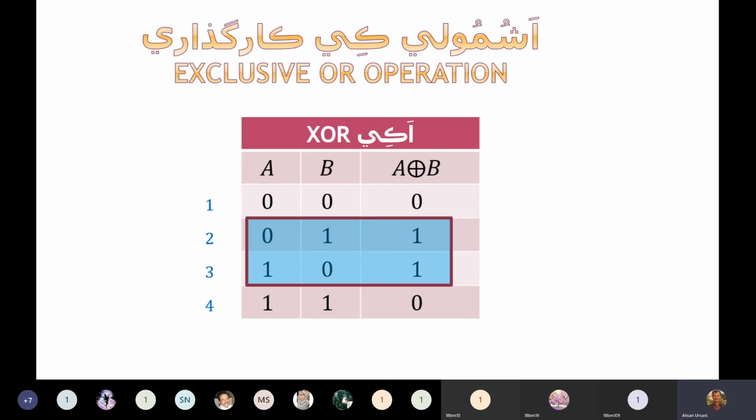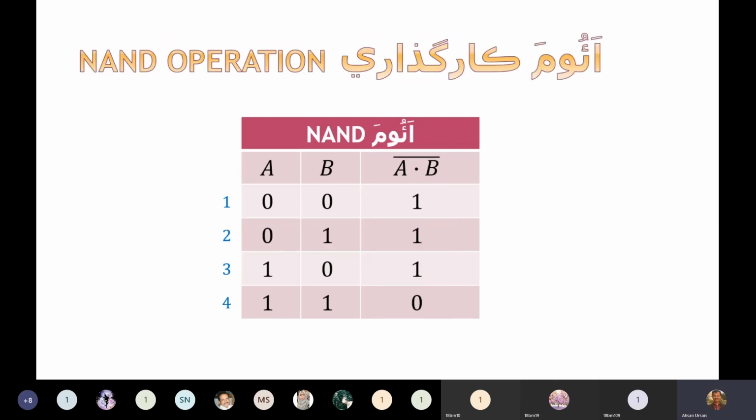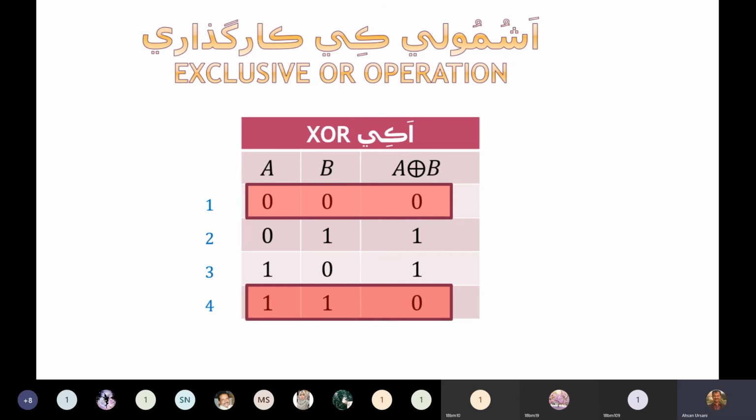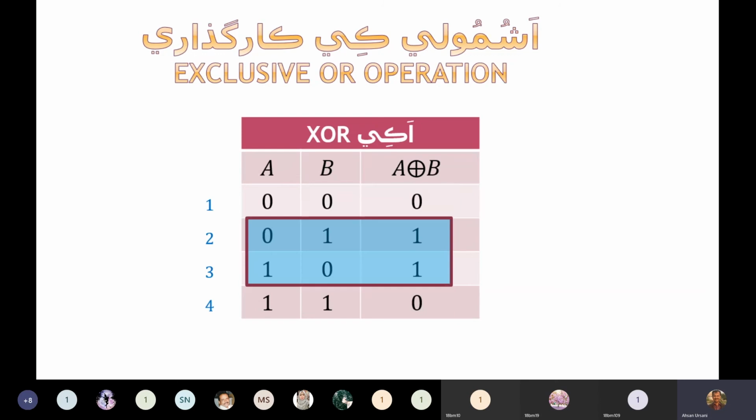The output is 1 where both operands are opposite. The easy way to understand exclusive OR is this: when both operands are the same, the output would be 0, and when the operands are different from each other, the output would be 1. In these two conditions the operands are the same so the output is 0.